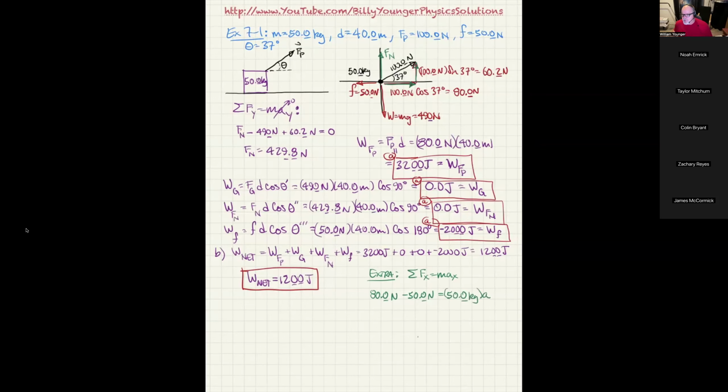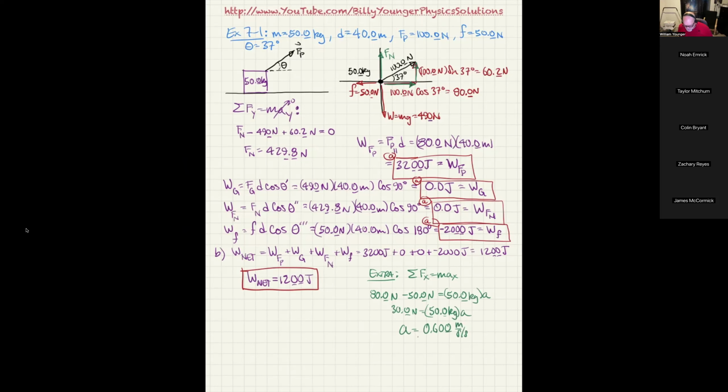That's the only acceleration we're dealing with, so I don't need to write the a sub x. And therefore, I get 30.0 newtons is equal to 50.0 kilograms times a. So as I told you, a is equal to 0.600 meters per second squared.